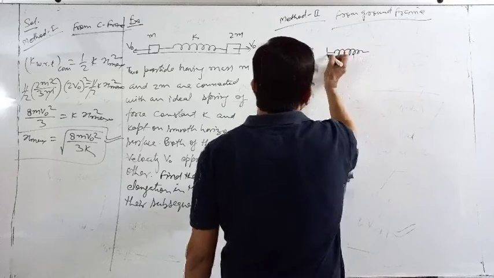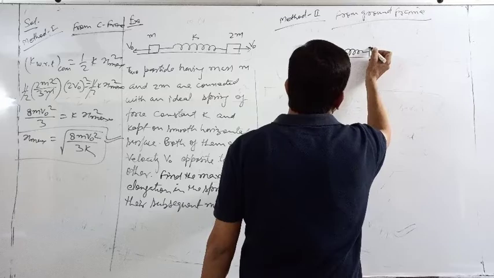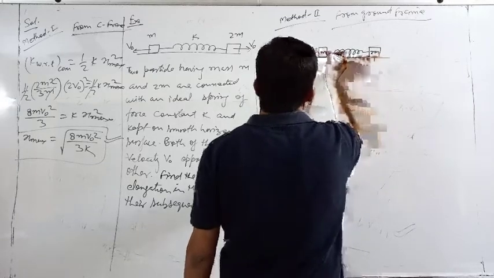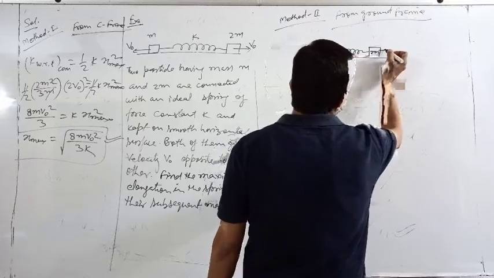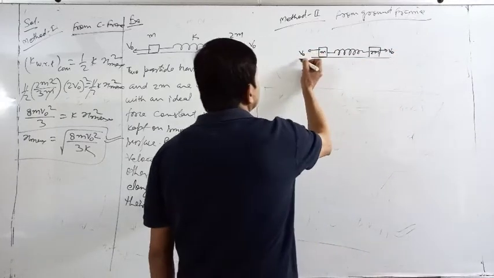Let this be the initial position. Mass 2m and mass m: this has been given velocity v0, and this has been given velocity v0.